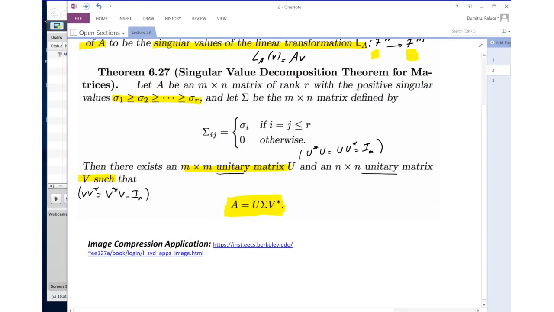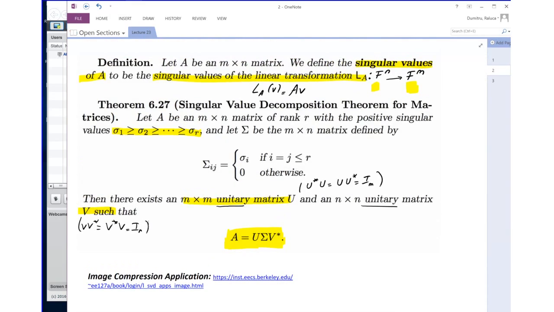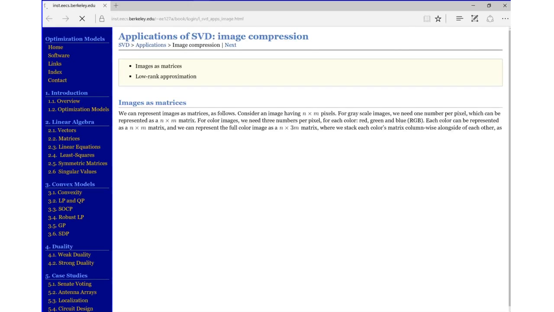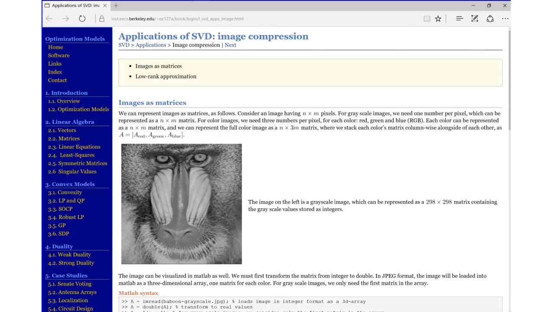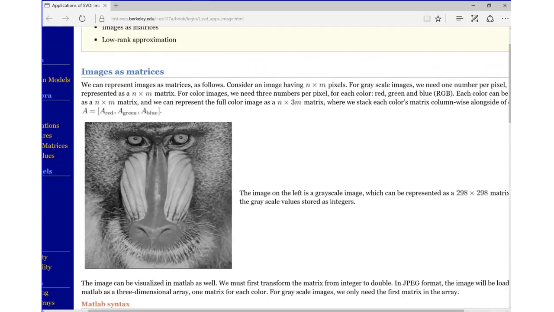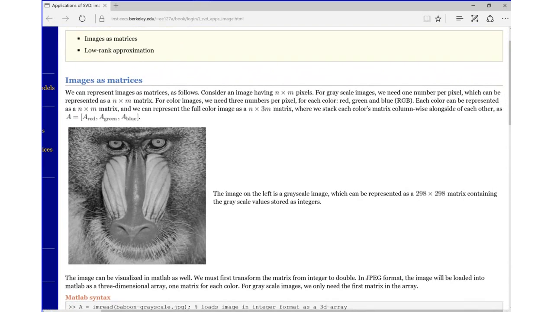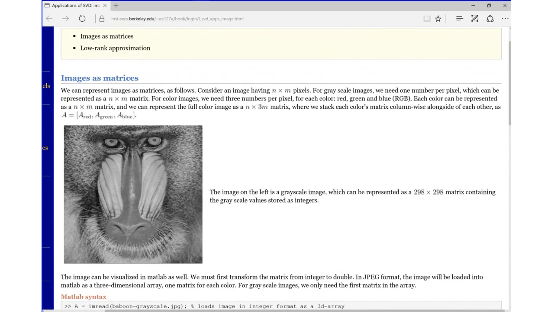But since I have this link here, let's just look at one more application. I was telling you that one of the main applications of the singular values is in image processing and data compression. What is explained here is that any image, first of all, can be represented as a matrix.